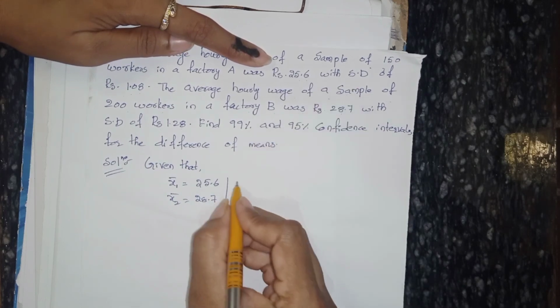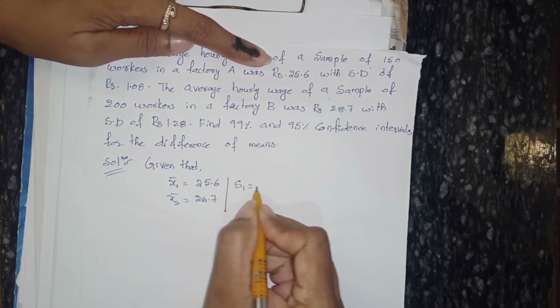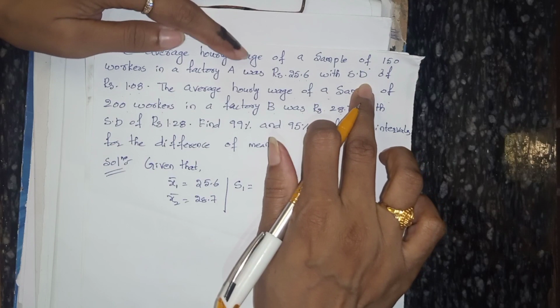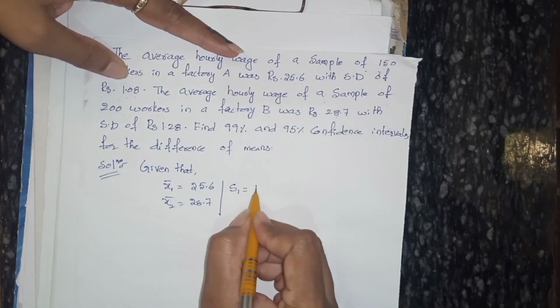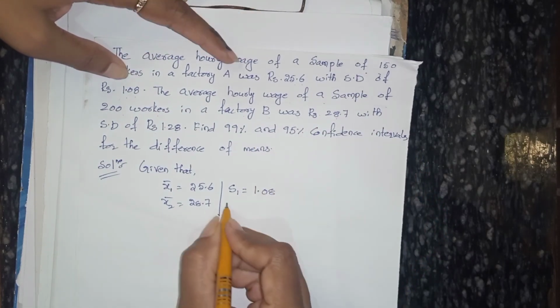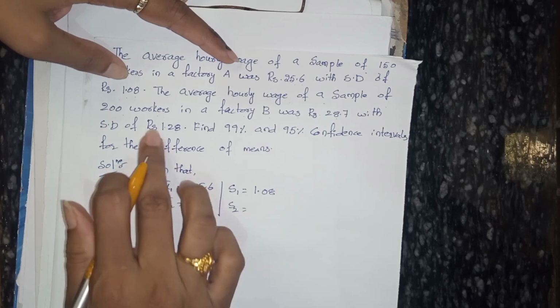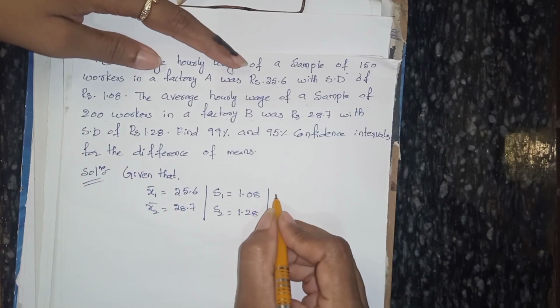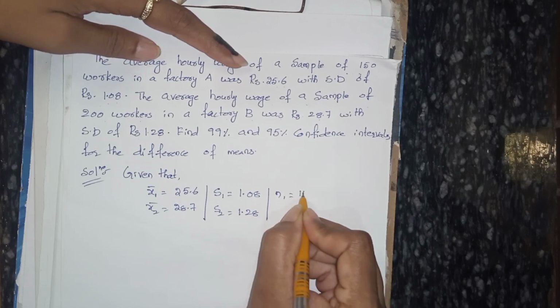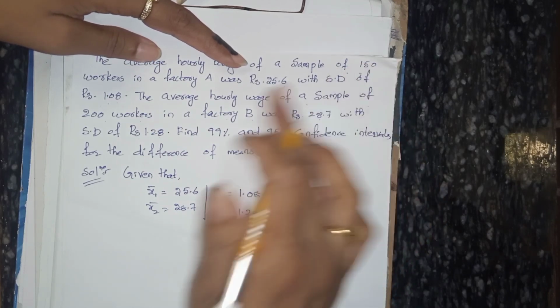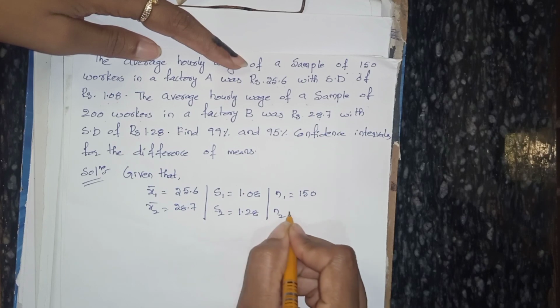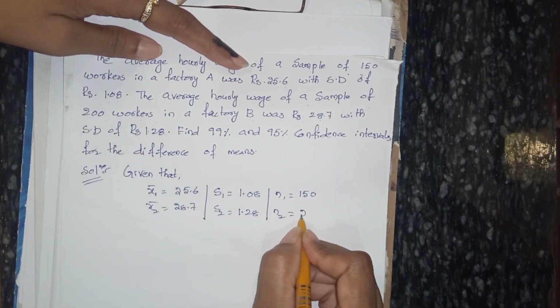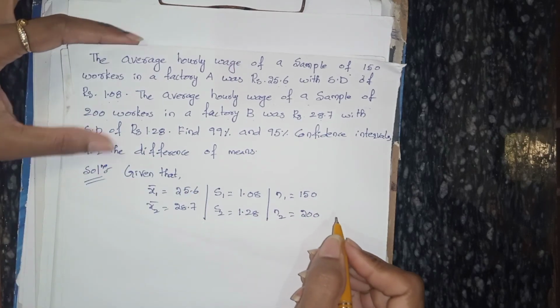Next, standard deviation: S1 equals 1.08, S2 equals 1.28. Next, N1 equals 150, and N2 equals 200. So 150 workers and 200 workers.